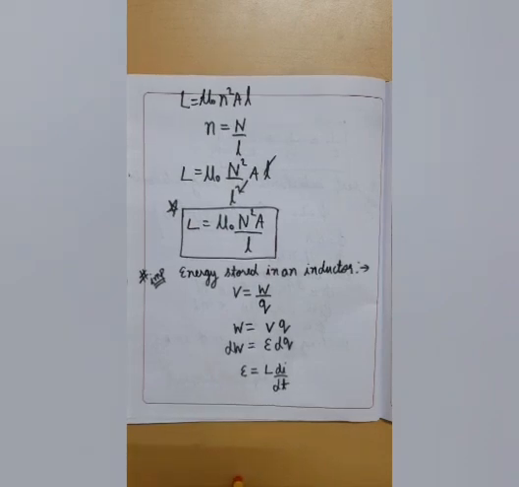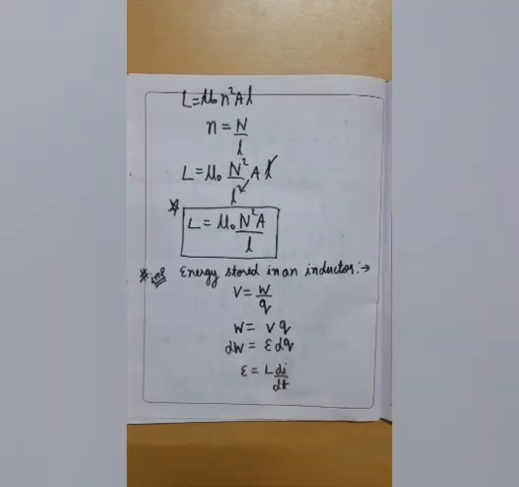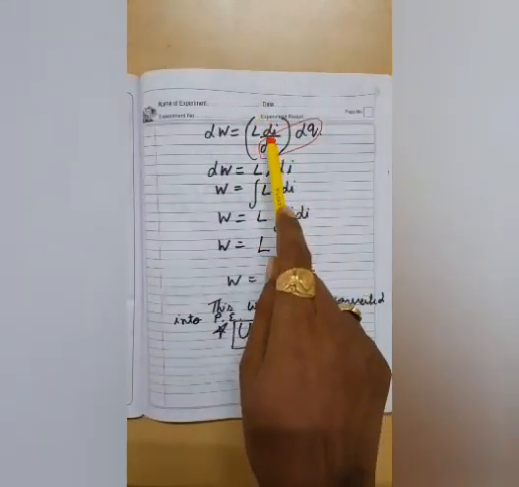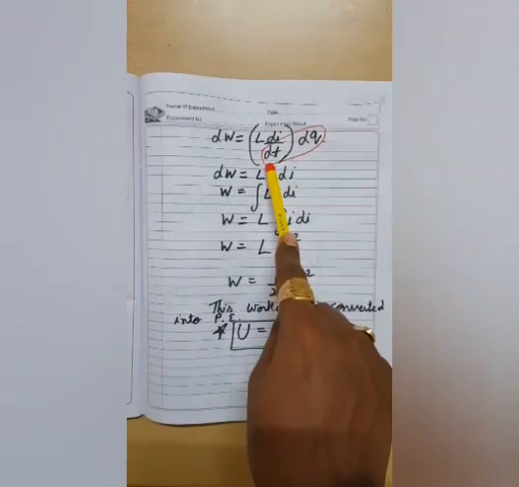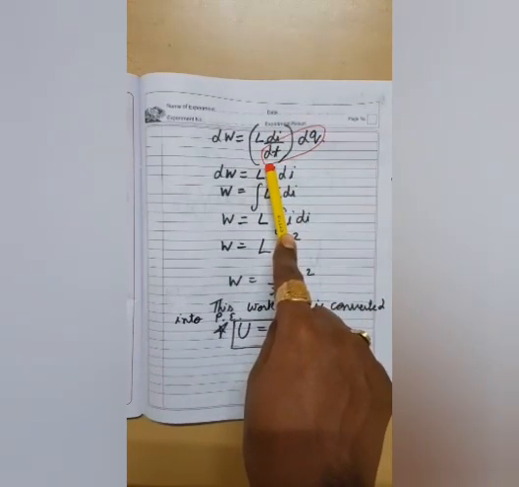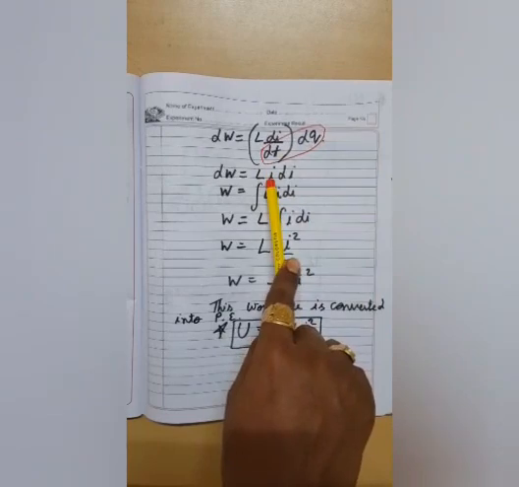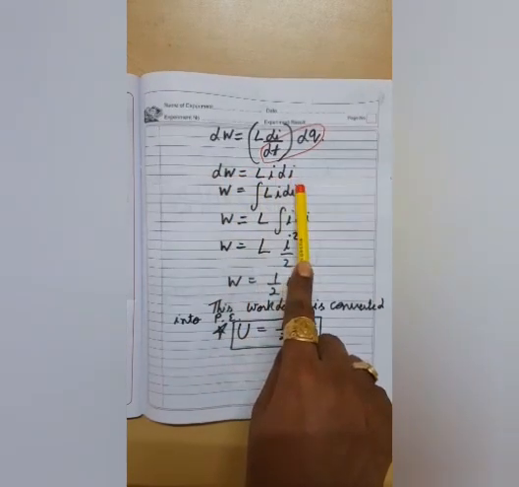Now as we know from the law of electromagnetic induction, E is equal to L di by dt, we can put this value of E over here. So our expression becomes dW is equal to L di by dt into dq. But dq by dt is current. So we can write I in place of dq by dt, and our formula becomes dW is equal to Li di.